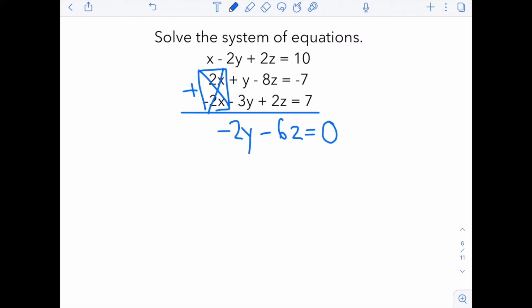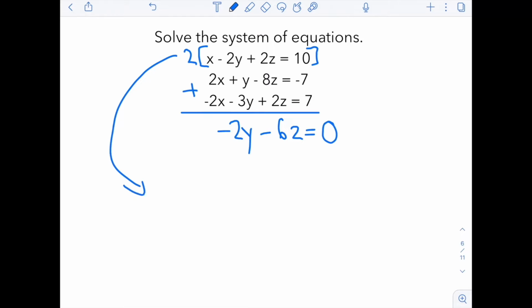So now let's repeat this process again and get another equation with just y and z. We need to get rid of x again with another two equations. So what I can do is double the first equation like that.